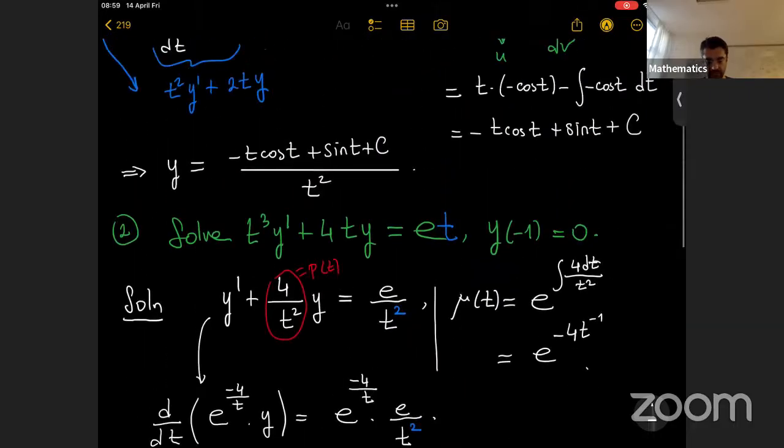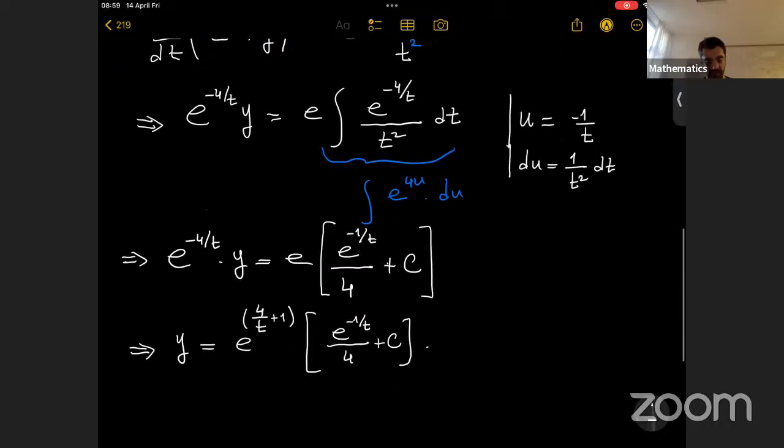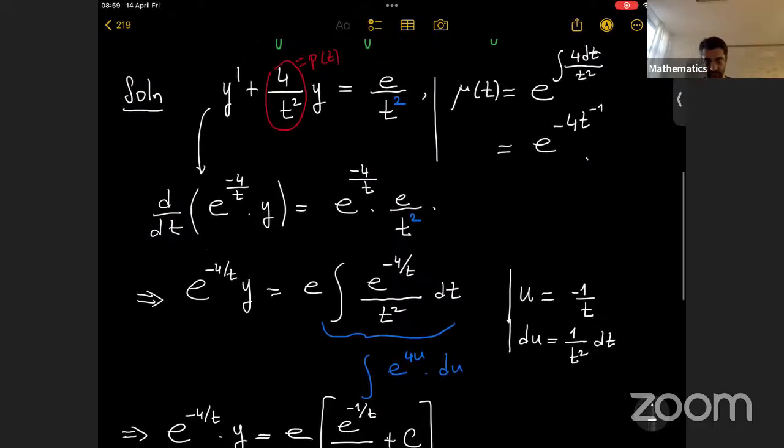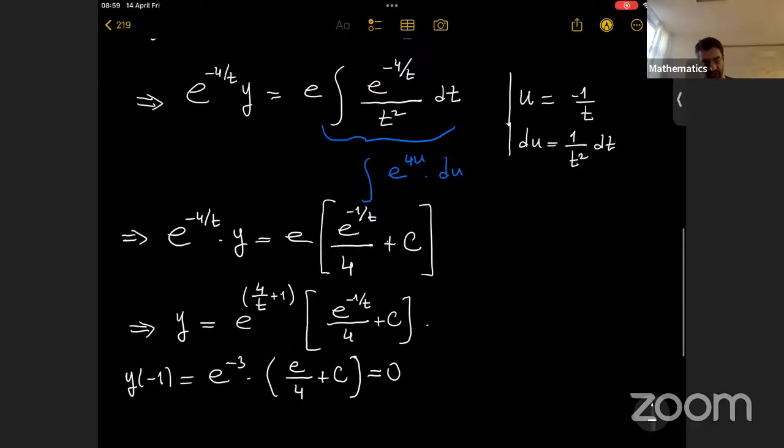Well, at minus 1, it was 0. When you plug minus 1 here, y of minus 1, it's e to the minus 3 times e over 4 plus c is equal to 0, which implies, since e to the minus 3 is never 0, that the c must be minus e over 4.